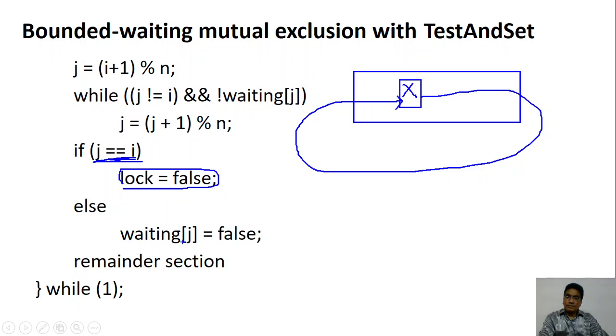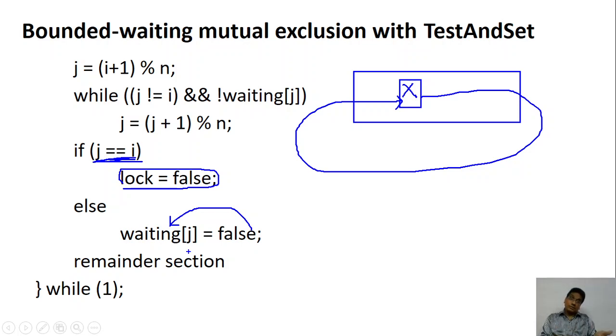However, if you find somebody who is waiting and you ask them to enter into the critical section, make waiting false. What is the meaning of saying waiting is false? The other person was waiting. You go and ask the next person, are you waiting? No, I am not waiting. Forget it. You go to the next person, are you waiting? No, I am not waiting.